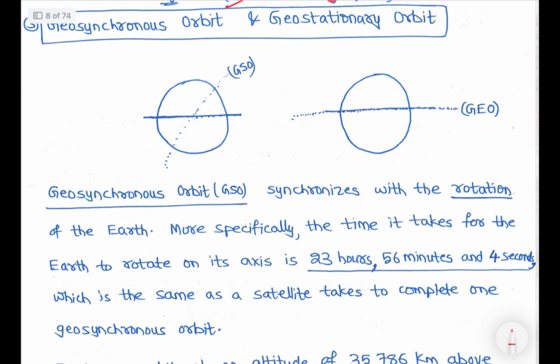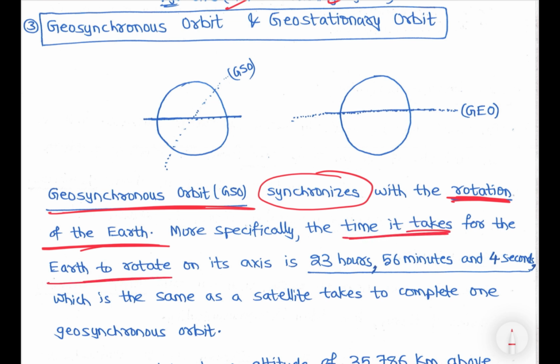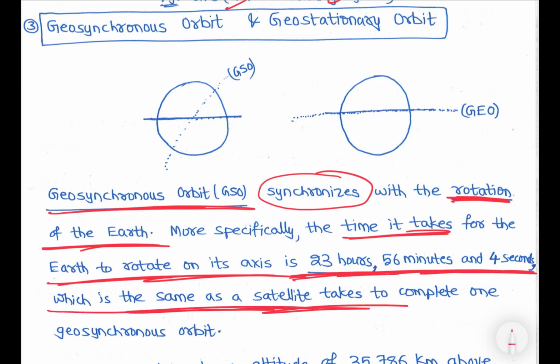Then geosynchronous or geostationary orbit. Right? Yeah, important है. So this, right, we will be understanding. See, geosynchronous orbit synchronizes with the rotation of the Earth. Right? Both happen at 23 hours. More specifically, the time it takes for the Earth to rotate on its axis is 23 hours, 56 minutes and 4 seconds, which is the same as the satellites take to complete one geosynchronous orbit, right?